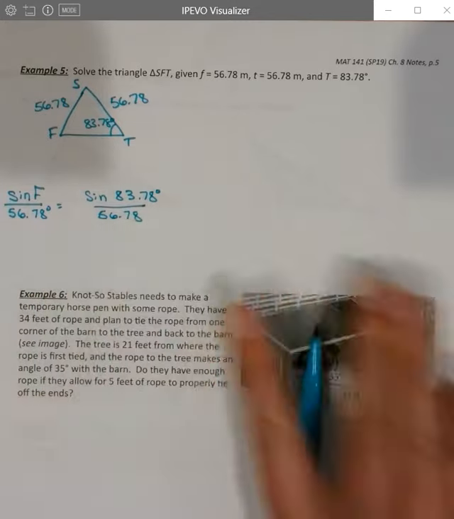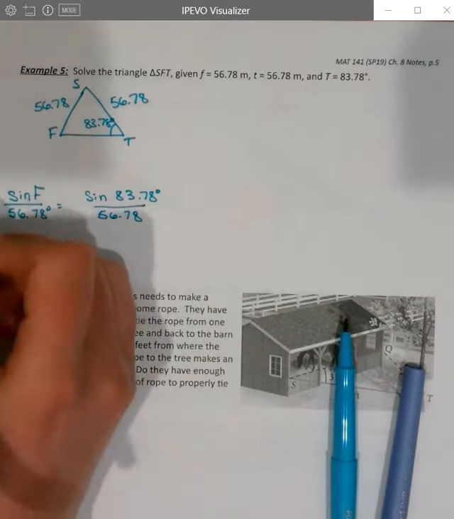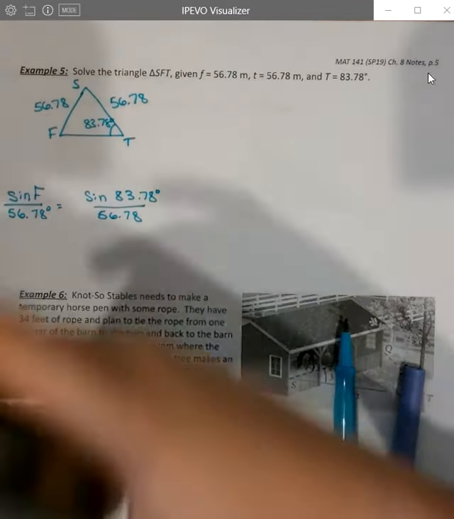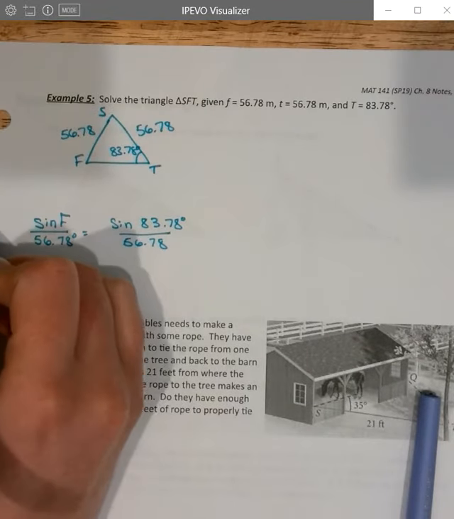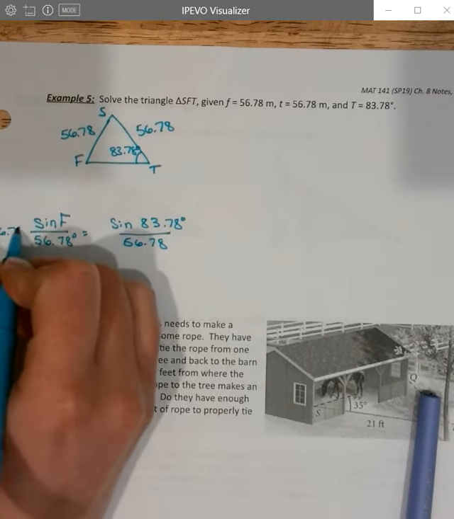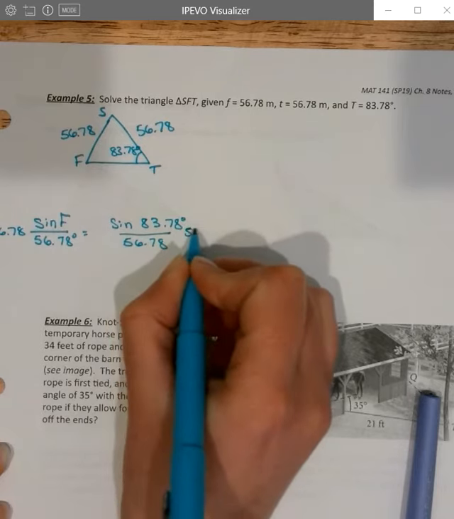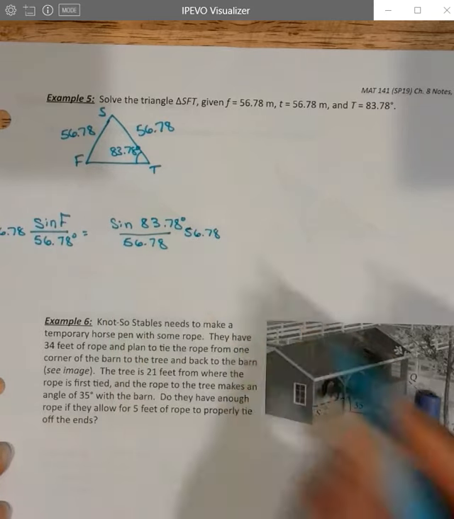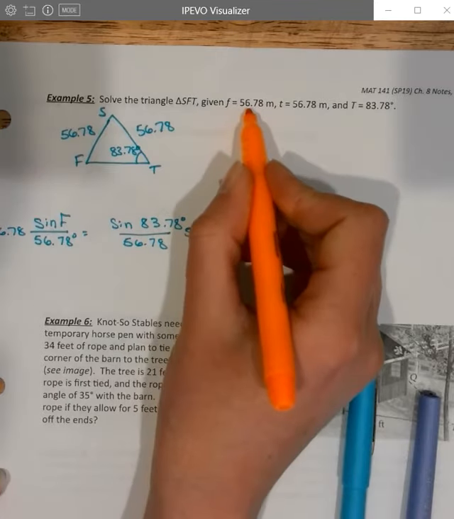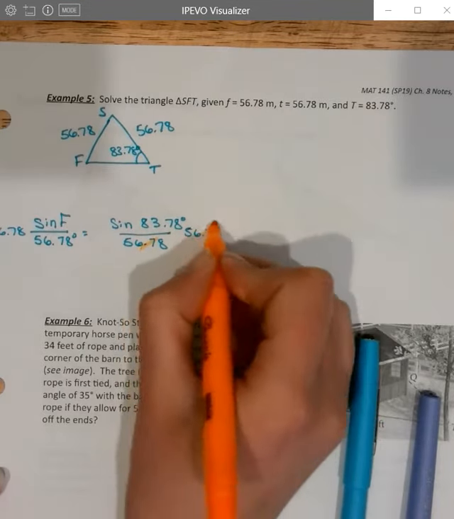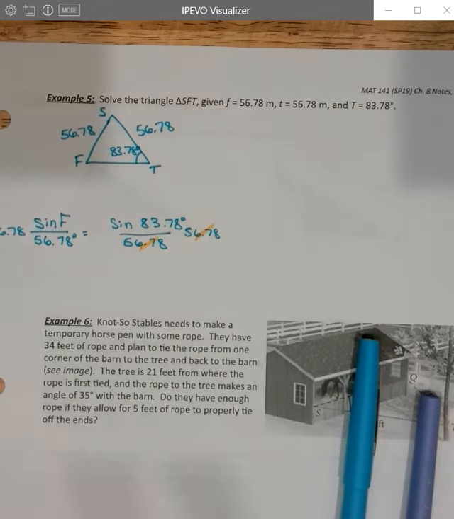Multiply this over, and that will give us the sine of F. So we are multiplying a 56.78 over. Coincidentally, in this one, since those two measures are the same, it looks like these are going to cancel, and I'm going to get sine of F equals sine of 83.78.